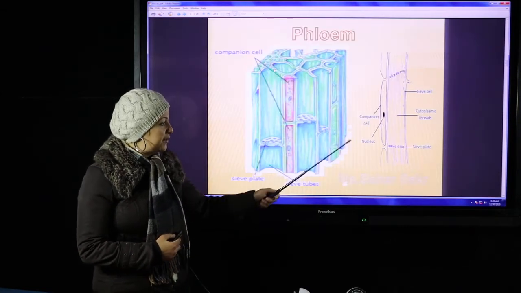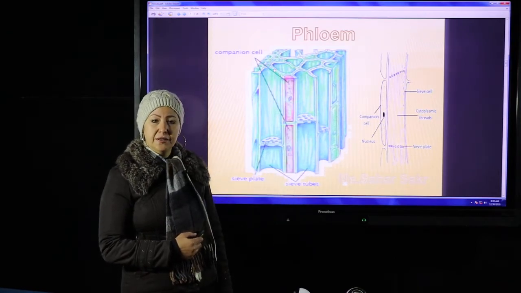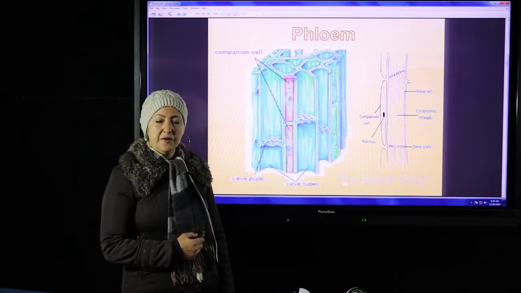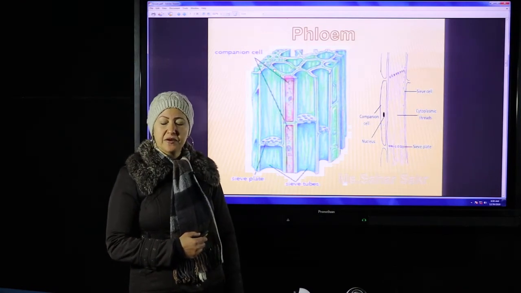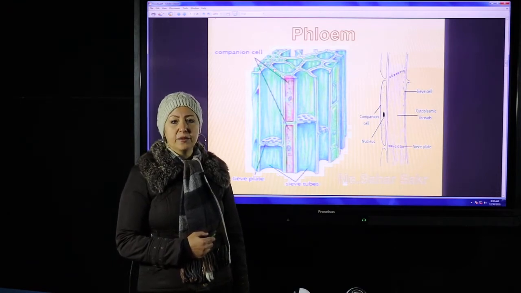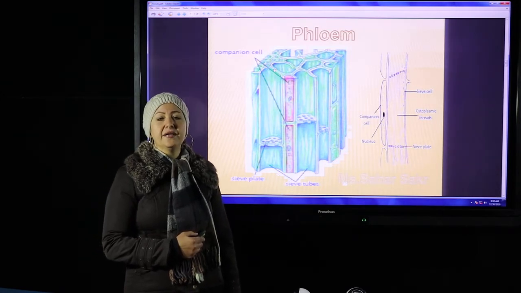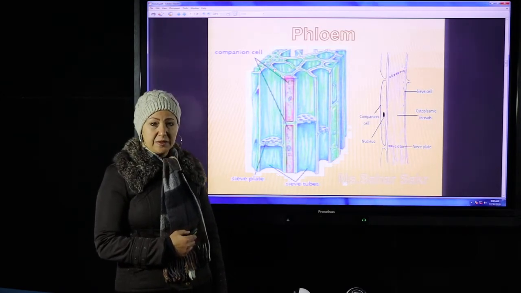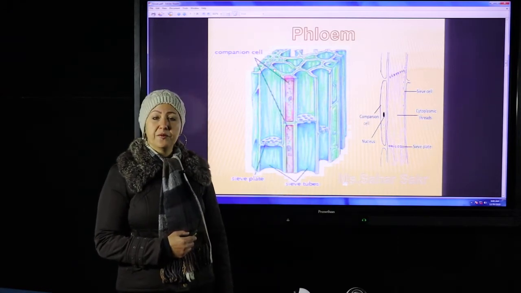About the structure of the sieve tube. Look at this figure. This is the sieve tube, the tube that transports the ready-made food down from the leaves to other parts of the plant. During the formation of the sieve tube, there was a group of cells arranged above each other. During the formation of these cells, the nucleus degenerated, but the cytoplasm is present, and the transverse walls become perforated.